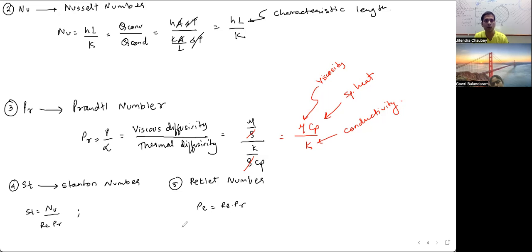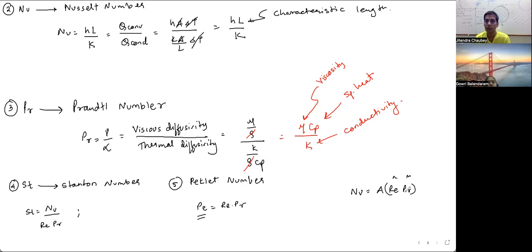So what happens sometimes, like in the Nusselt number equation, as I just told you, it is empirically given as some A into RE into PR, maybe raised to either N or M, or both have the same power. So instead of giving us the equation in the form of RE and PR separately, they sometimes might give us the equation in the form of Peclet number.